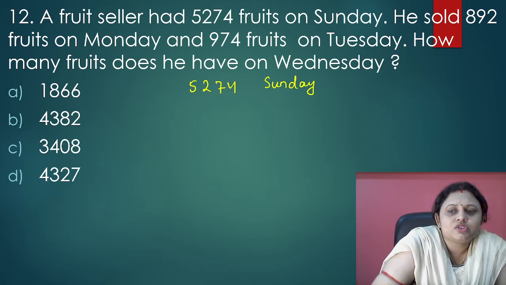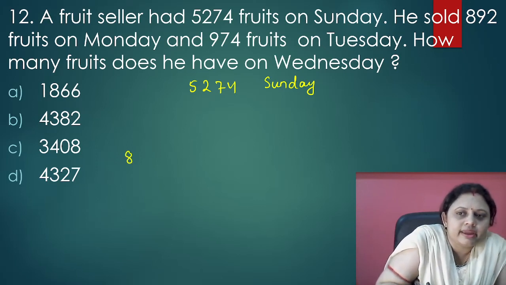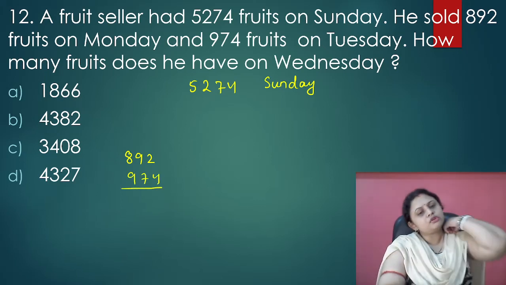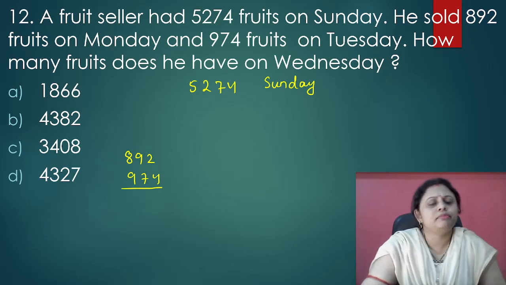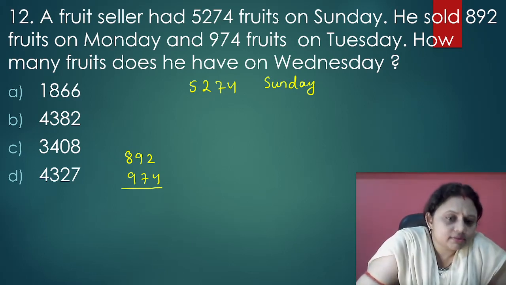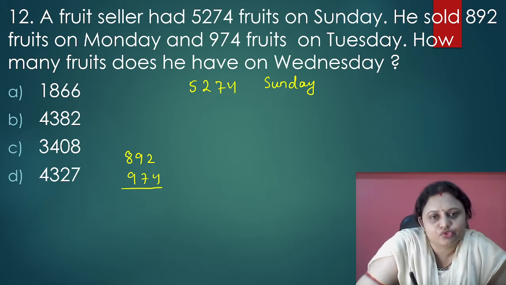And on Monday he sold 892, and on Tuesday he sold 974. So how many fruits does he have on Wednesday? Means after selling on Monday and Tuesday, what is he left with?